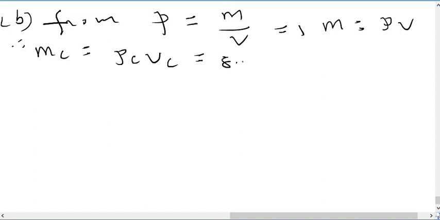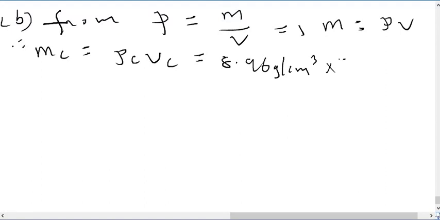It is 8.96 gram per centimeter cube, times the volume of copper. So the thickness of copper will be the height of the copper, which is 1 centimeter. So the volume of copper will be the area times the height.